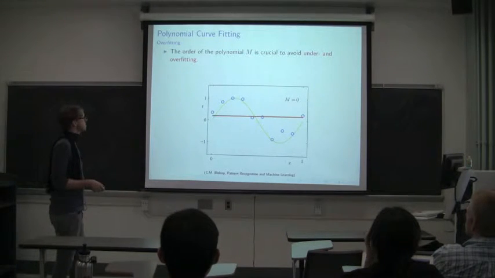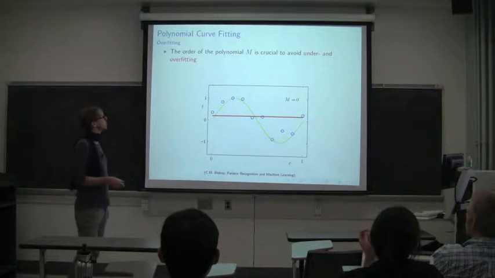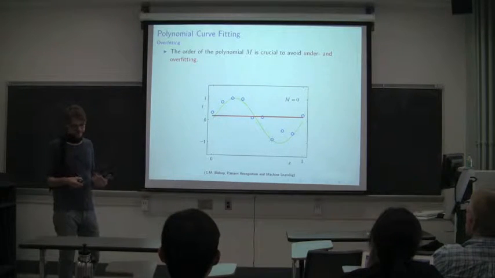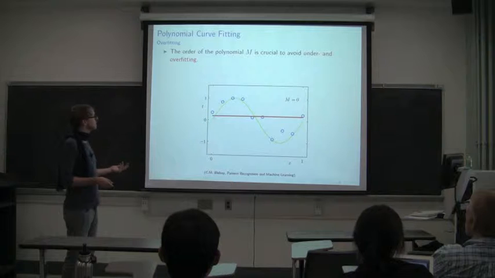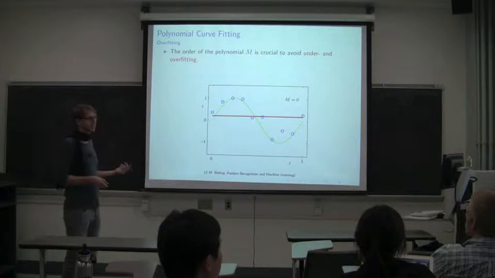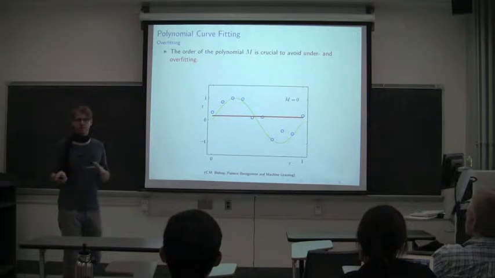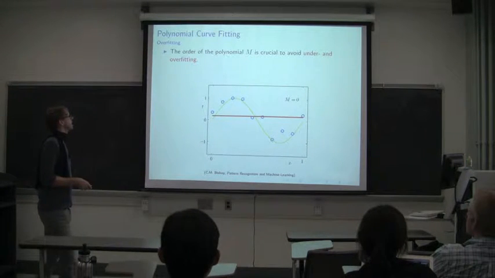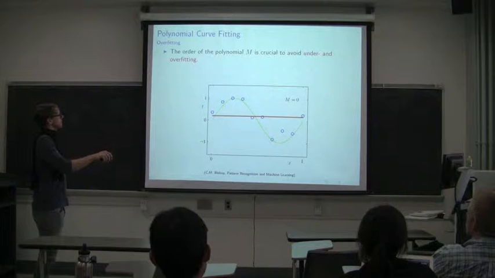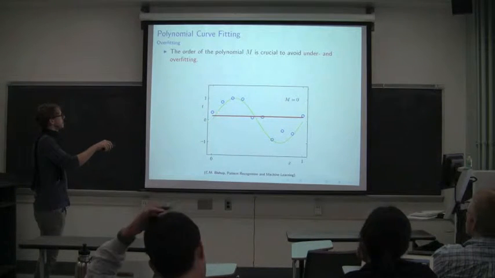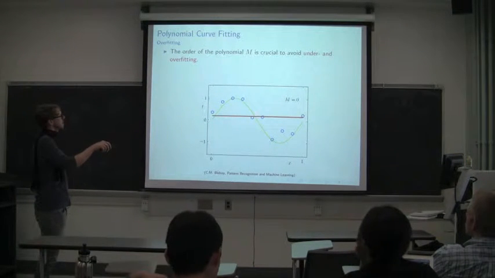And if we start with the polynomial, we discussed that there is a dependence on the number of basis functions that we use. So the number of parameters influences the complexity of the model. Say we generate data here from a sine function plus Gaussian noise.